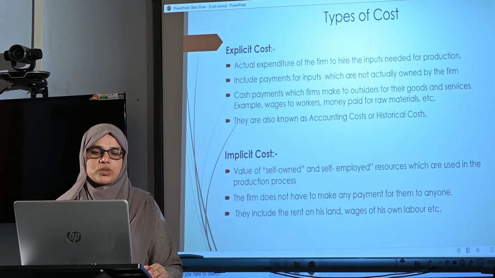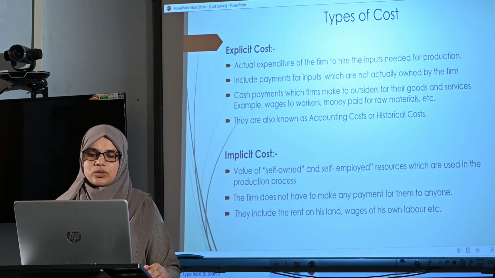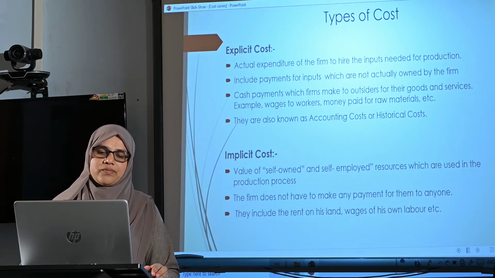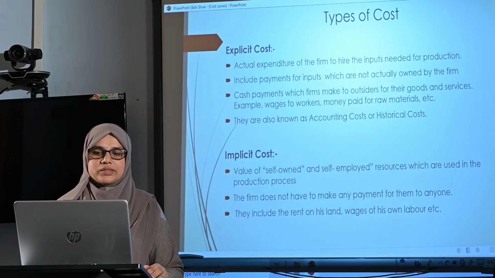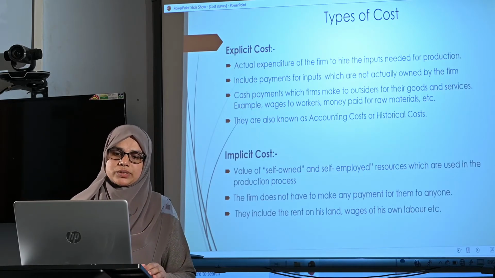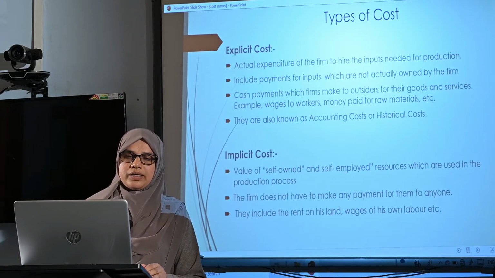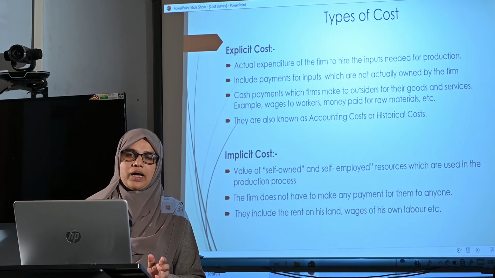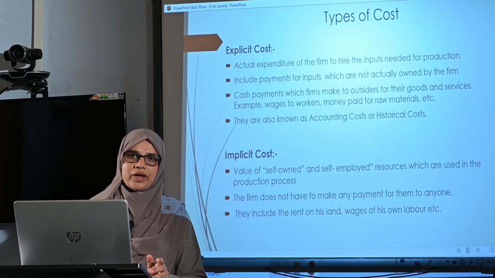Next is implicit cost. Implicit cost is otherwise known as imputed cost. These are the value of self-owned, self-employed resources which are used in the production process. Here the firm may own certain resources by their own, and they can use such resources or factors in the production process.